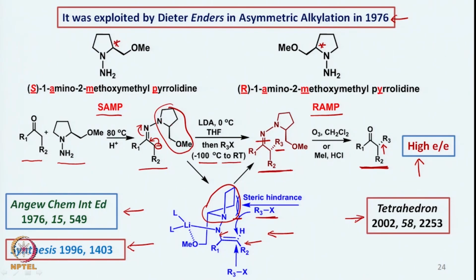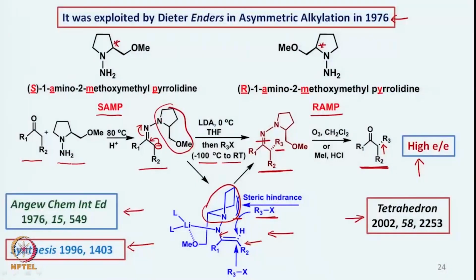So this is one of the examples of how these RAMP and SAMP based hydrazine reactions have been exploited in organic chemistry to let asymmetric induction occur. Now we will see in the next class what are the other usefulness of these hydrazones.